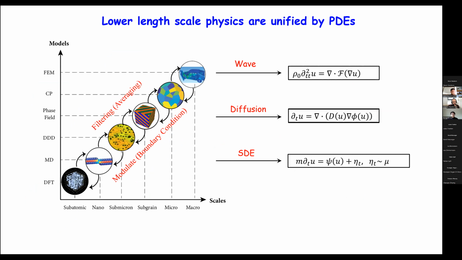But before I dive into details, I'd just like to take one step back, and let's look at the governing physics across all these length scales. So in this plot, I'm showing you, in terms of solid mechanics, the important length scales on the x-axis, and the models and theories that we have developed in the past years to model these physics.